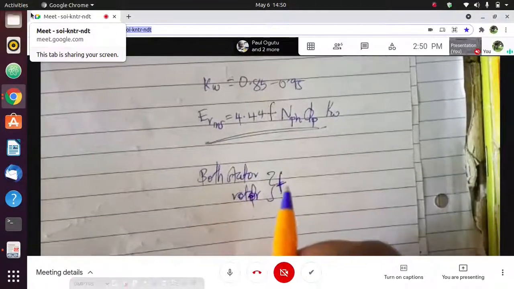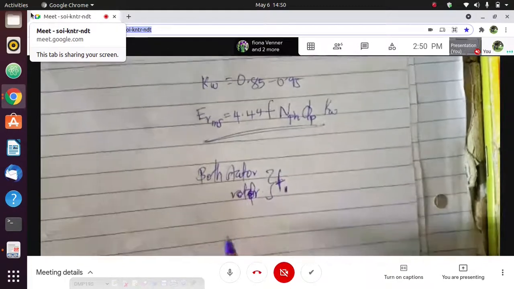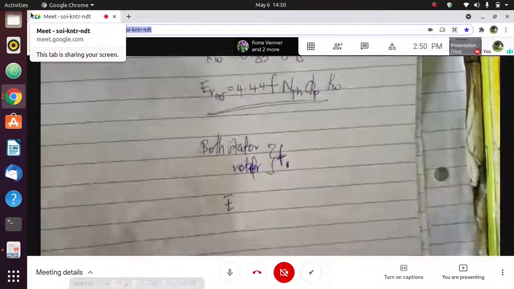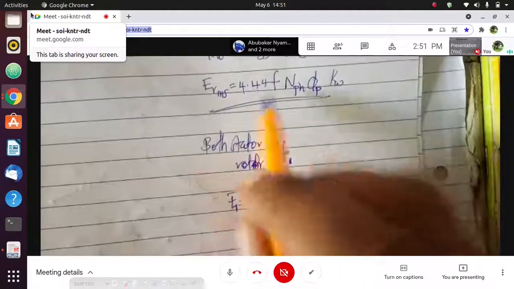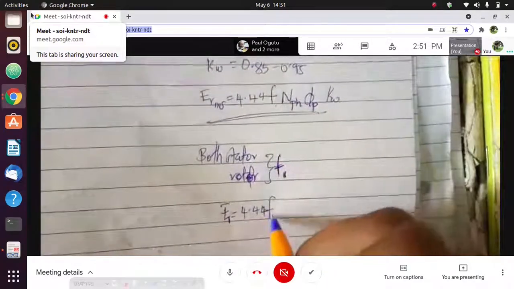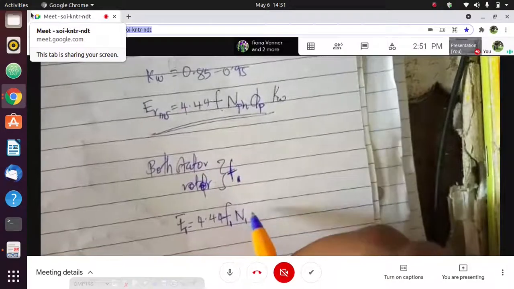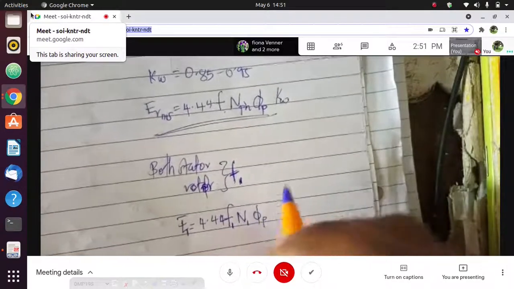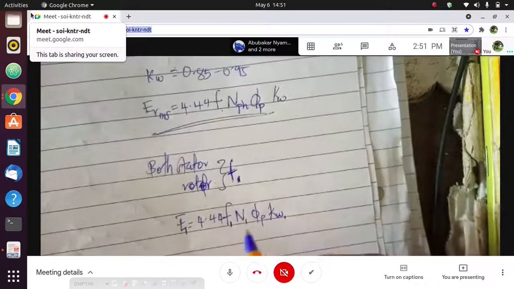And the magnitude of those induced voltages in the stator and the rotor will be as follows. E1, the induced voltage in the stator, will be 4.4, using the formula up here, 4.4 times the frequency with respect to the stator times the number of windings in the stator times the flux per pole in the stator times the winding factor Kw1.